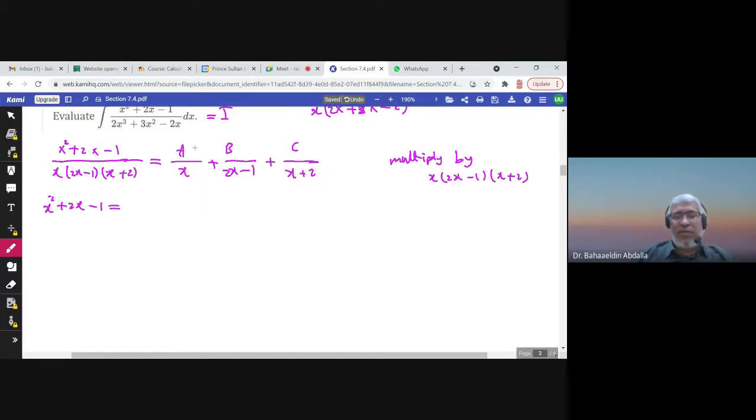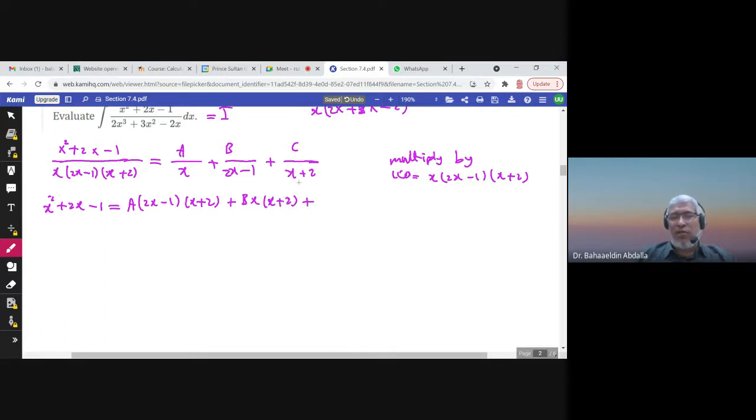Now, the first fraction on the right-hand side, a over x, times the LCD: x is cancelled with x, and I will have a multiplied by (2x minus 1) times (x plus 2), plus the second fraction, b over 2x minus 1, times the LCD: 2x minus 1 is cancelled, and I'll have b times (x plus 2).